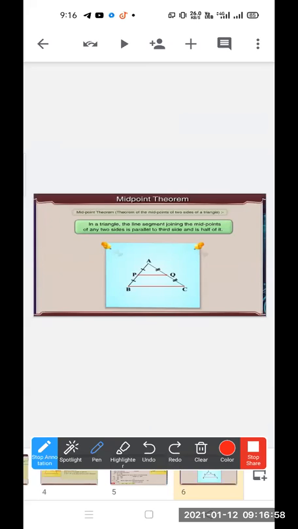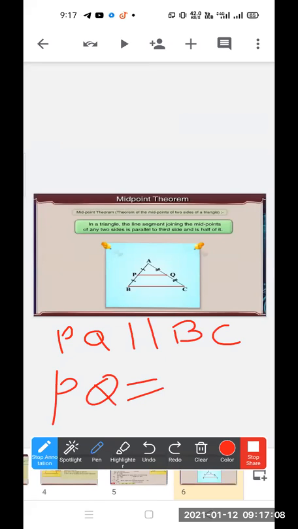PQ is parallel to the third side BC, and PQ is half of BC; that is what we are going to learn in this theorem.